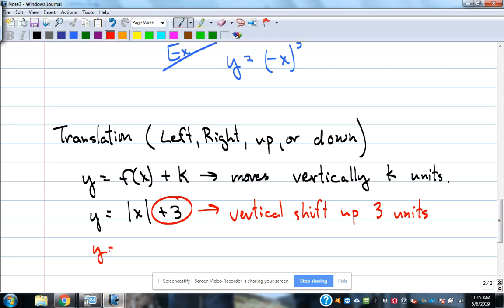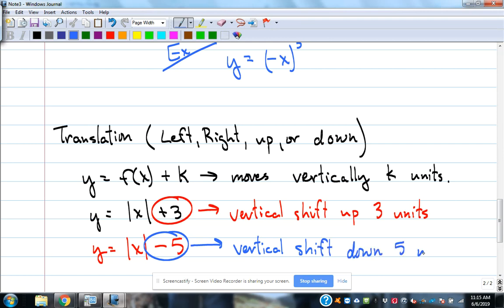Same idea: if I took y equals the absolute value of x and subtracted 5, this minus 5 is a vertical shift down 5 units. Subtracting 5 is the same as adding negative 5. Those are equivalent operations. So adding on the outside moves it up that number, and subtracting on the outside moves it down that number. Vertical movements happen on the outside.